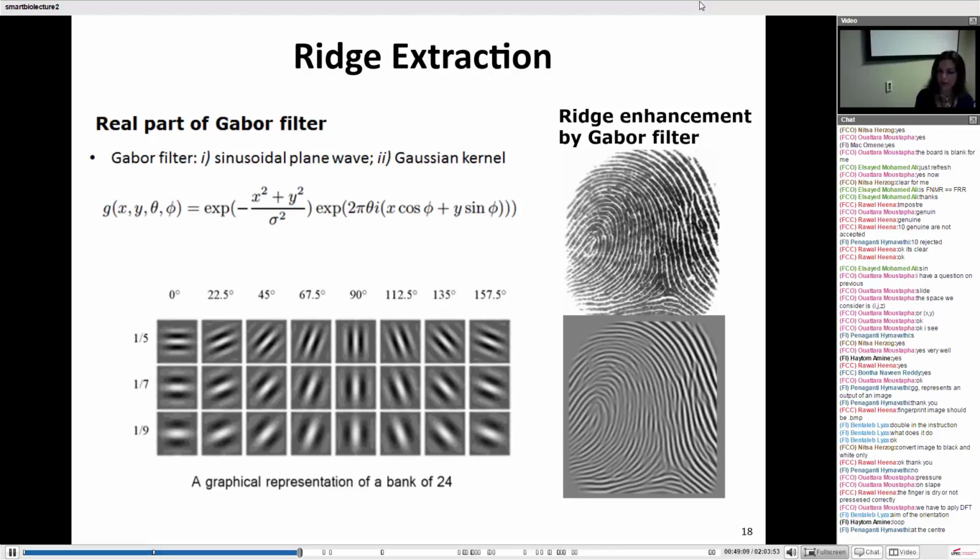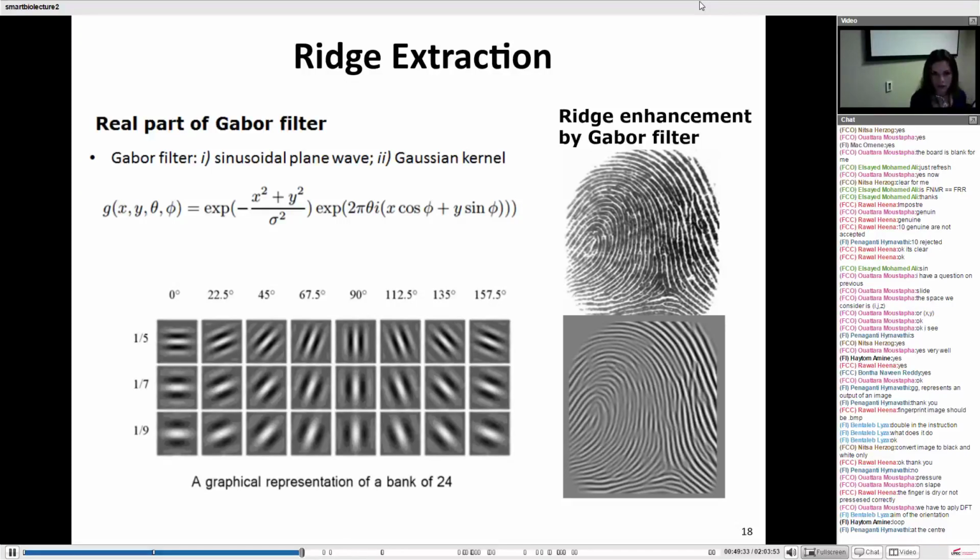This was, I think, a question also asked yesterday. So if we can enhance the ridge pattern using a filter, yes, this is a way typically used for that. And I can also provide the code for the enhancement of the fingerprint. So this will be done later on during the fingerprint course.